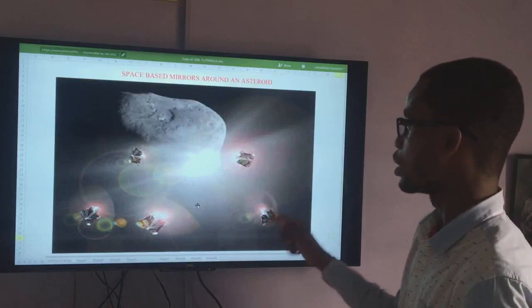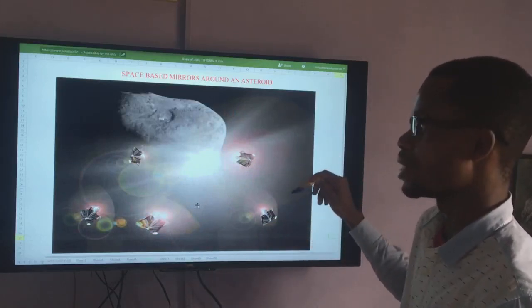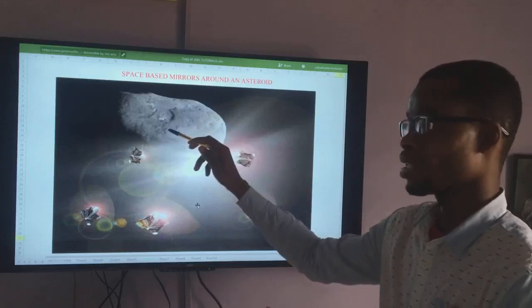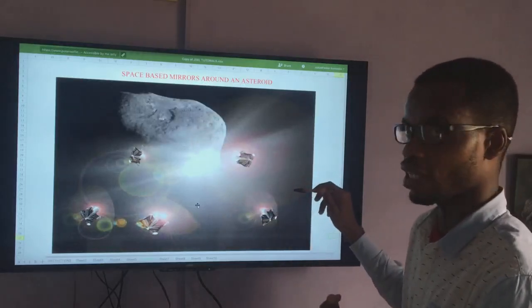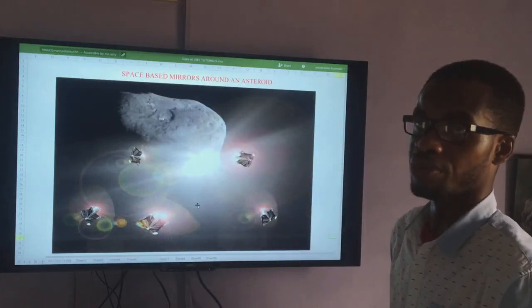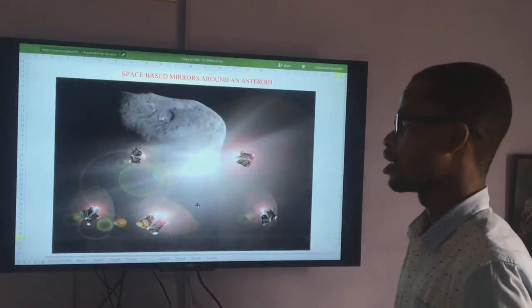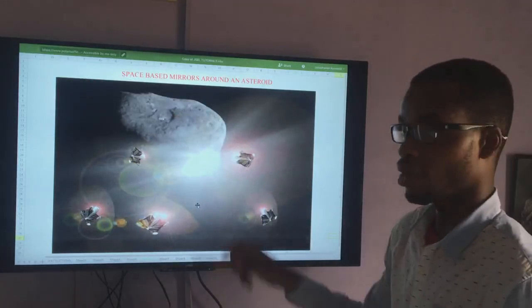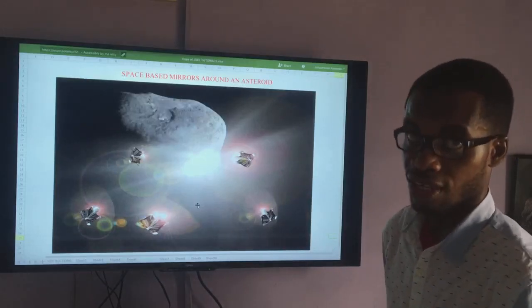If the earth is around this place and we are on earth, and people detect that an asteroid is coming to hit the surface of the earth, nuclear weapons can be released into space to go and crash the asteroid that is about to hit the earth. So that is the third way.